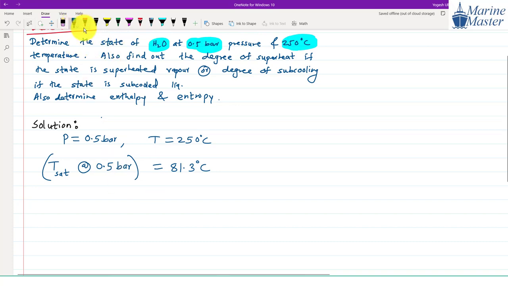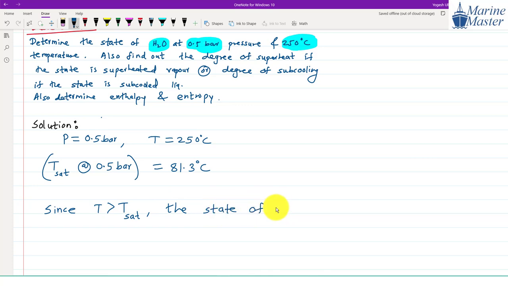Since the temperature of H2O is greater than the saturation temperature, the state of H2O is superheated vapor. Getting my point?